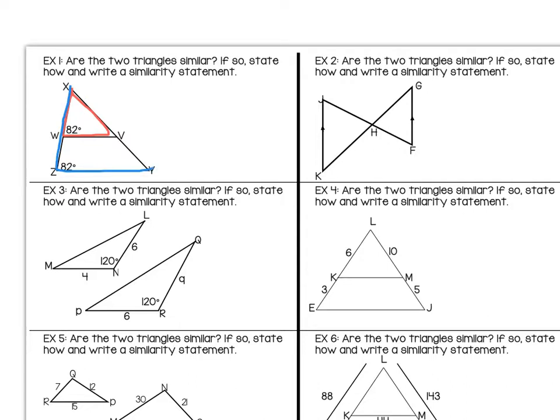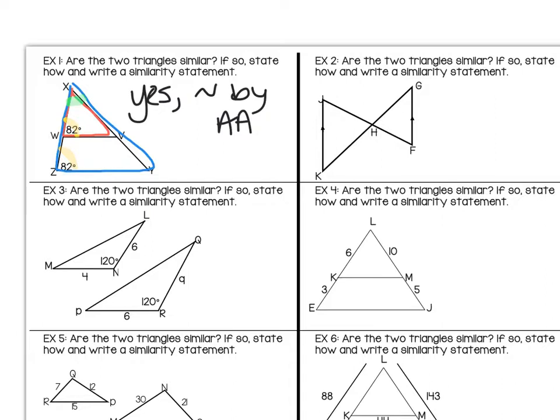And what I notice when I look at this is that they both have the same vertex angle, and then they both have an angle that is congruent. So we would say, yes, these 2 triangles are similar. Similar by angle, angle.